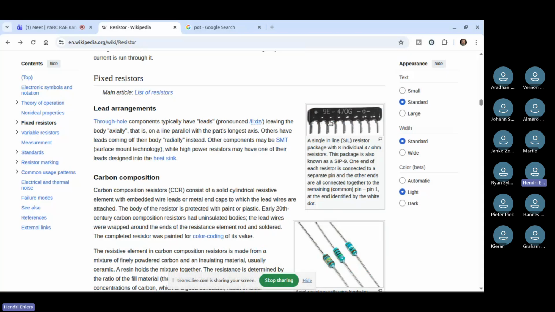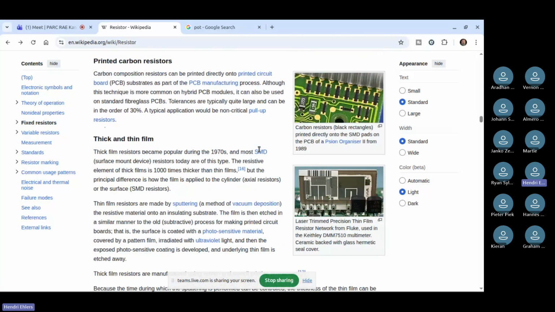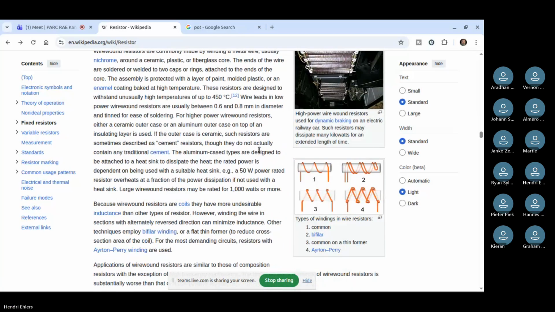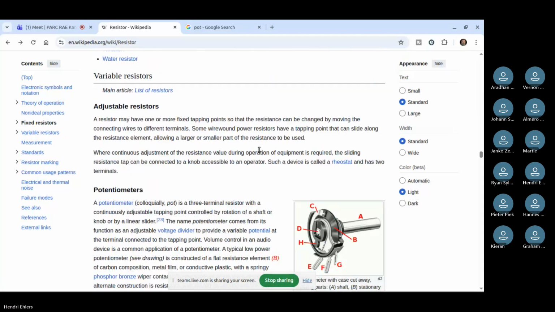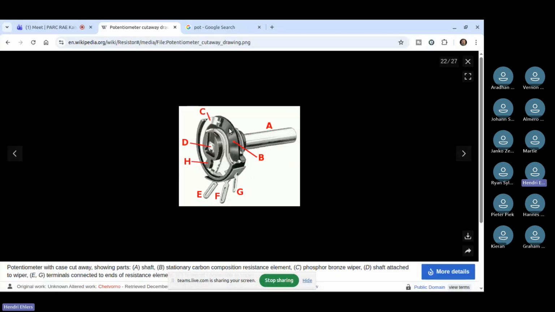There's your resistor network that we spoke about just now. Potentiometer. Where are you? There we go. So you've got a carbon strip over there that goes right around. It starts from point E, goes right around, and ends at point G. And this is your wiper.